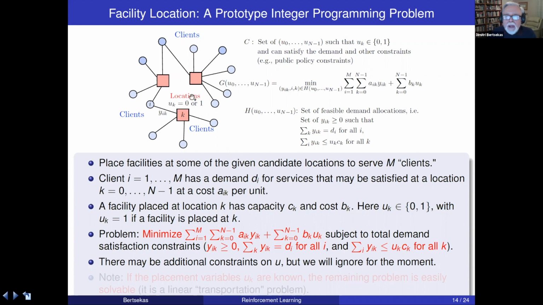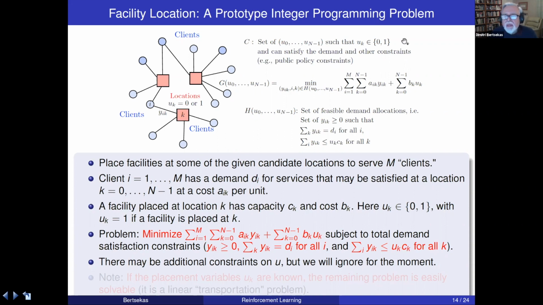And so there may be groupings of locations that have special properties that are not shared by locations in other places. This is what we mean by public policy constraints or additional constraints. But let's not worry about those, although our methodology can address those, okay? Which adds to its generality.